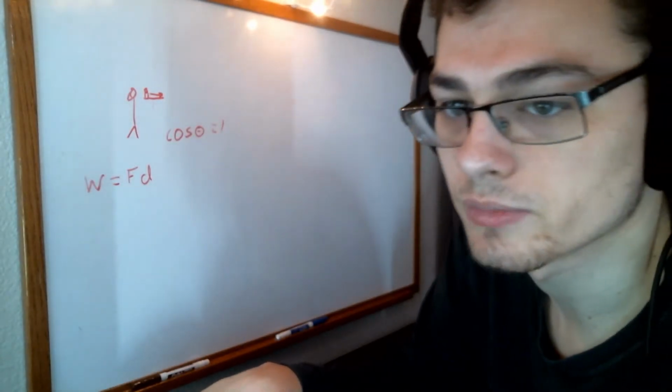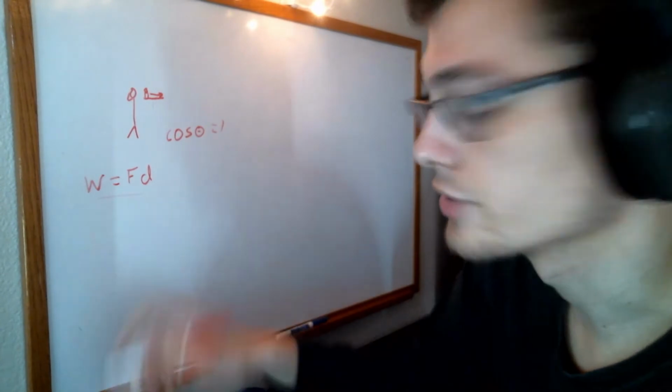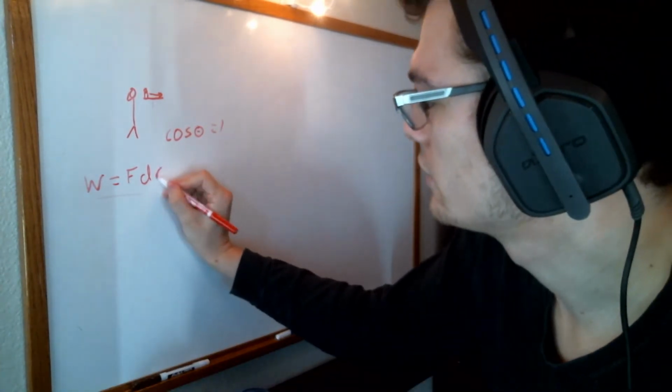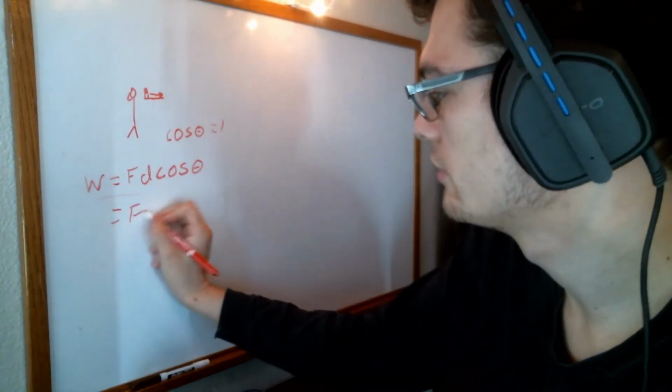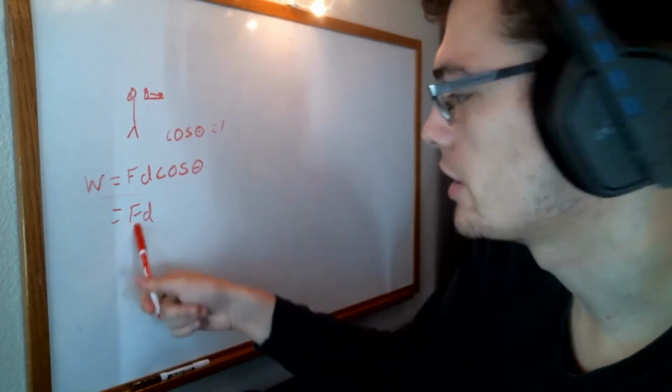So the angle between them is going to be 0. And so then our equation just reduces down from FD cosine theta to FD. And so all we have to do is multiply the force times the displacement.